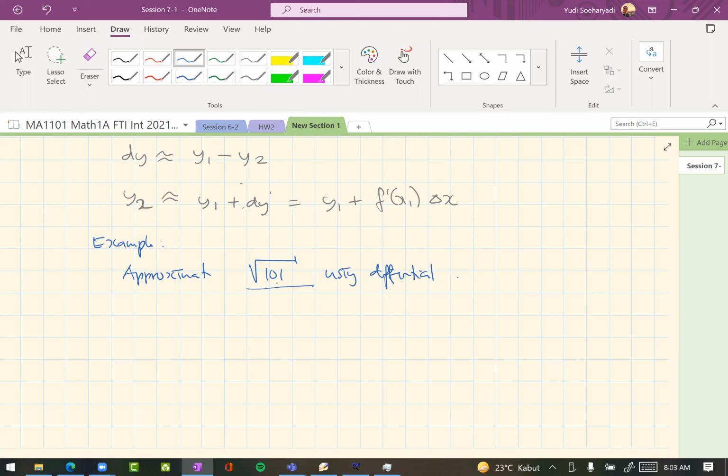Bigger than 10 or smaller than 10? Bigger. Slightly bigger, yes. We'll try to make sense of the words slightly bigger.